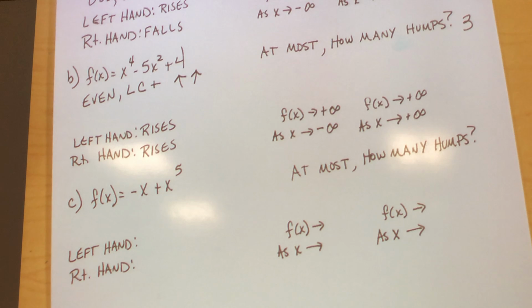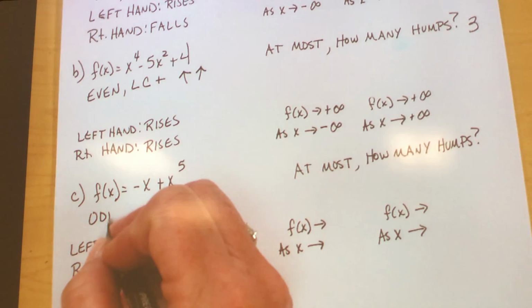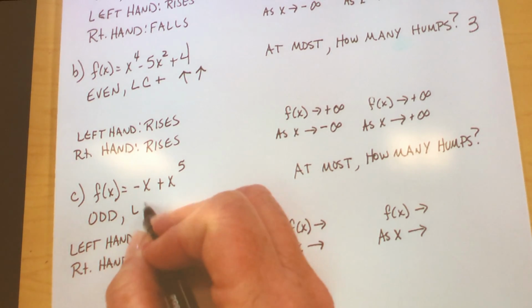Okay, ready? What's the degree of my polynomial? 5th, even or odd? What's the sign of the leading coefficient?